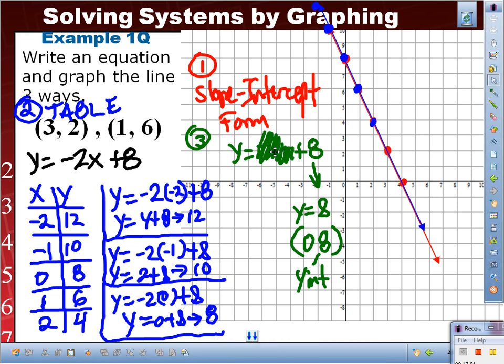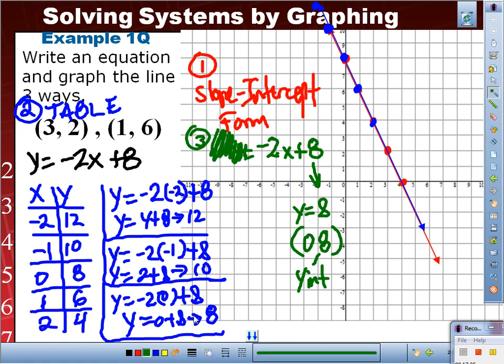Next, instead of the x, what do we cover up next? The y. I'm going to do that in black so you guys can see the difference. So what do we see on this side? 0. And what's on this side? Negative 2x plus 8. Do we know how to solve this? Yes. What do I do?